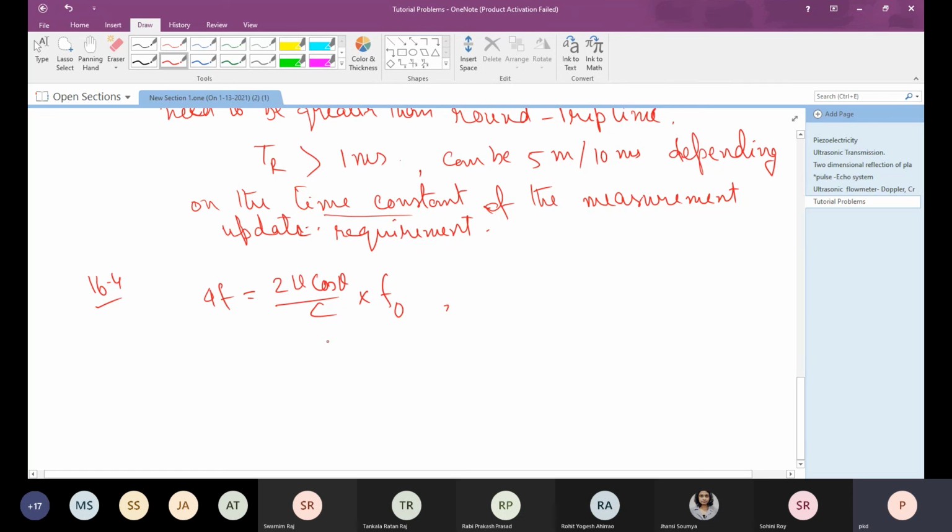So V is given, C take as water. Water, how much is there? Velocity of sound for water, 1.5 into 10 cube meters per second.